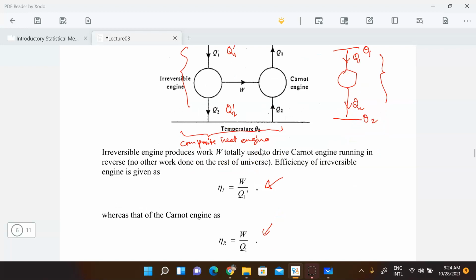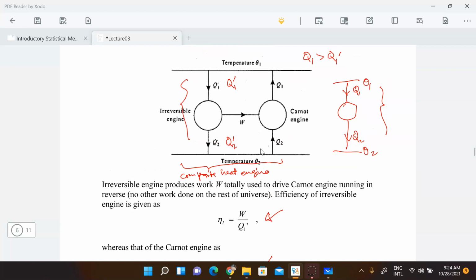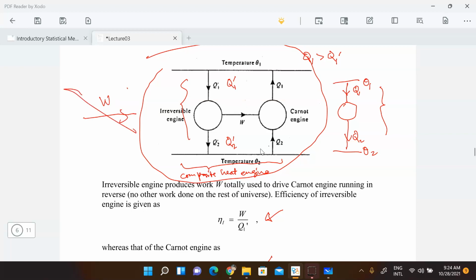In a way it looks like a fridge, but then you have to remember, you have to do work to get a fridge. But here the whole system does no work from outside. So there's none of this.